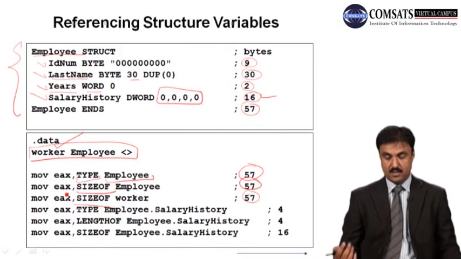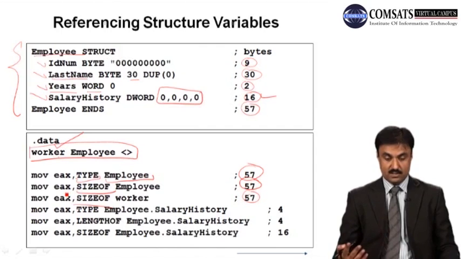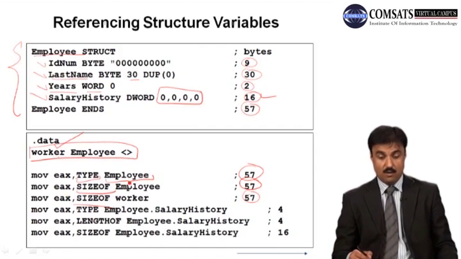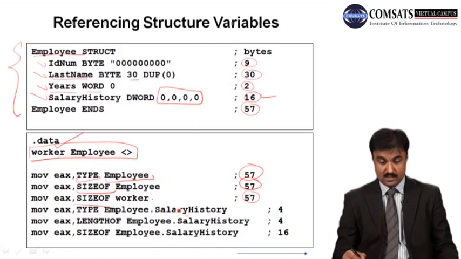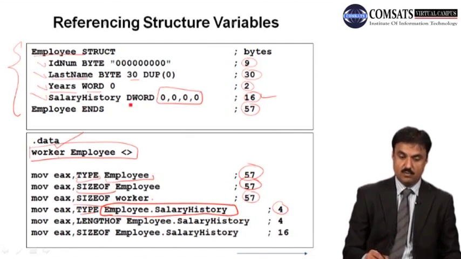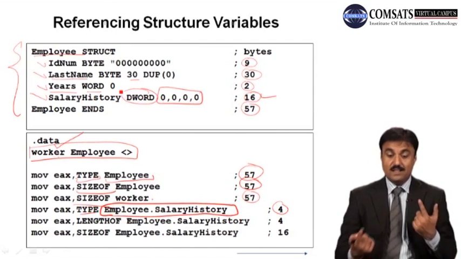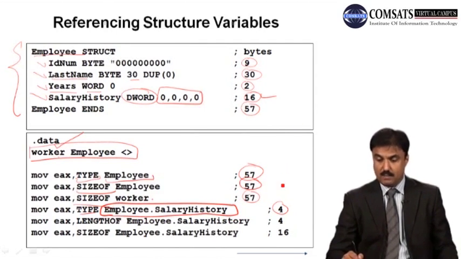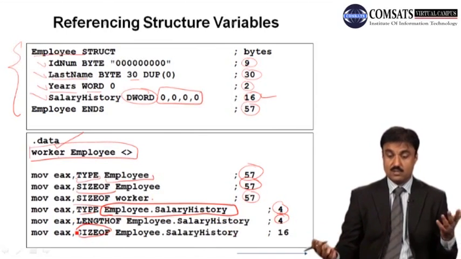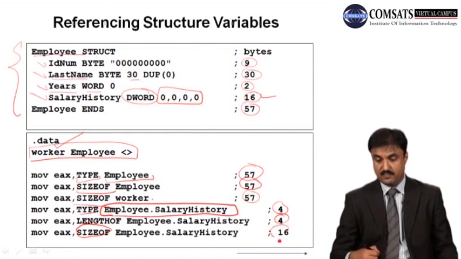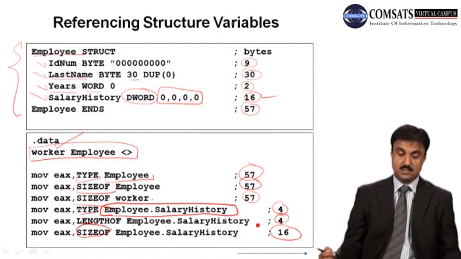Either you access the whole structure, or an element of the structure. However, if I want to use the salary history here, then what is the TYPE of employee.salaryHistory? Its type is equal to 4, because it is a double word. LENGTHOF gives the number of elements, which is 4. SIZEOF gives the total size, which is 16.